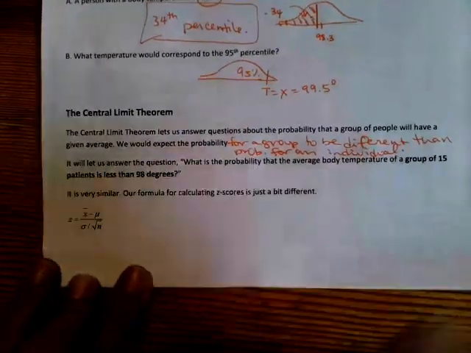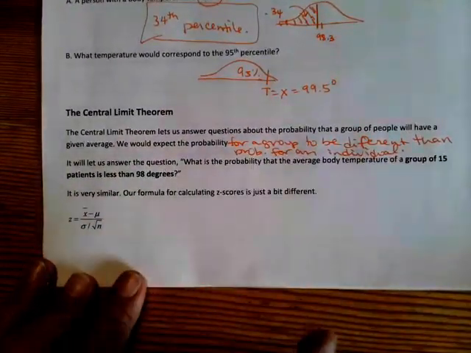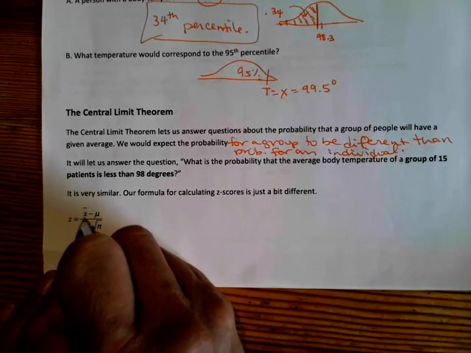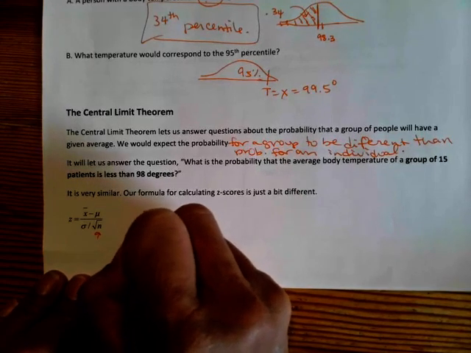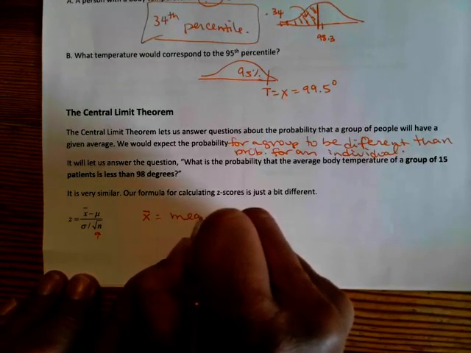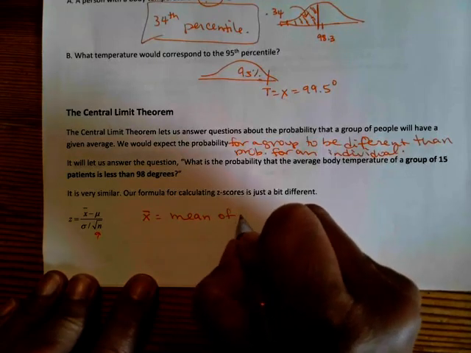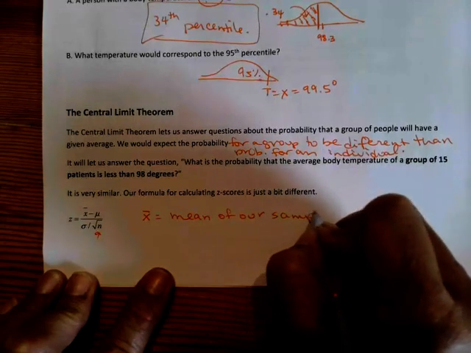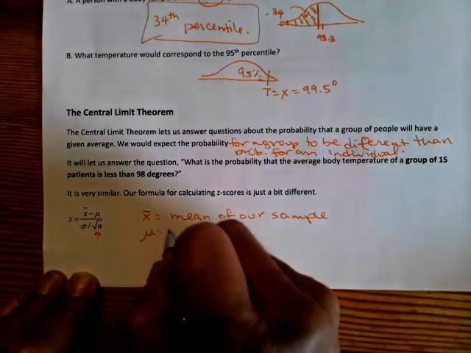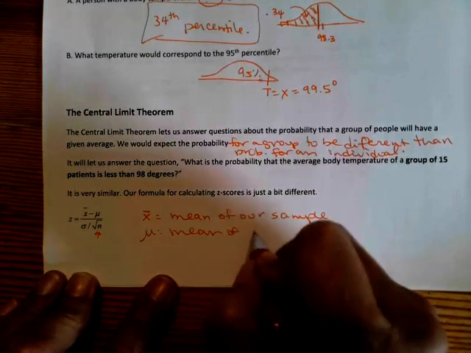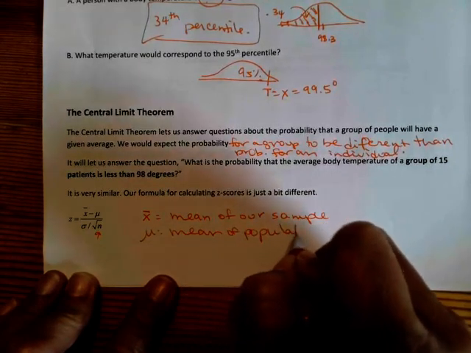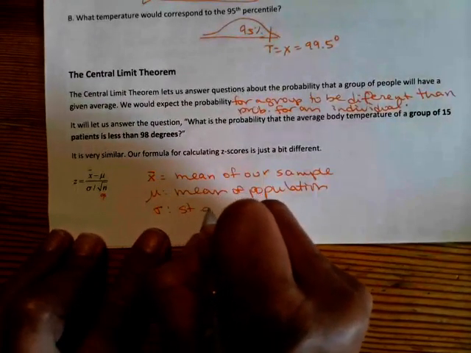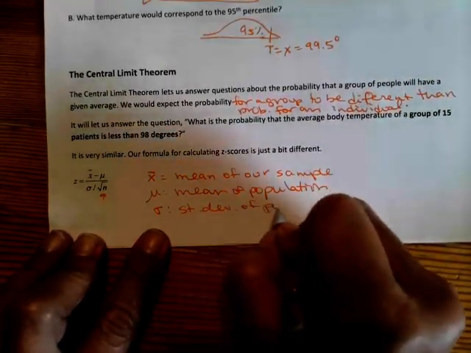So the formula for converting it to a z-score is super similar, but here's where it's different. So x bar is the mean of our sample, the one that we're interested in, that we're asking about. Mu is still the mean of the population. Sigma is the standard deviation of the population.